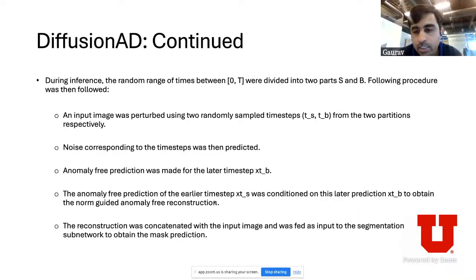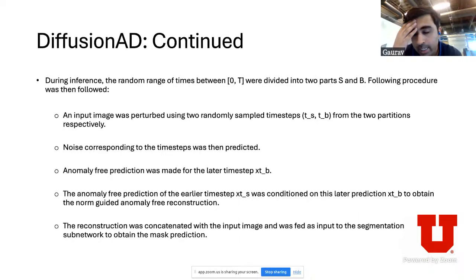The later time step should correspond to the more noisy one, and in this case it might have distortions. So that's where we are using the XTS time step here. Yes, that's a good point.